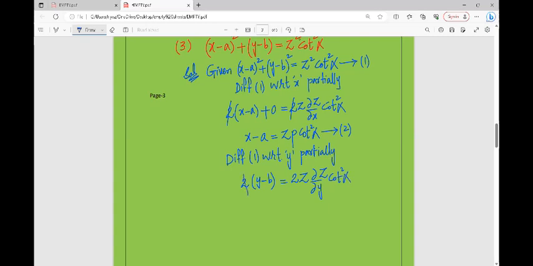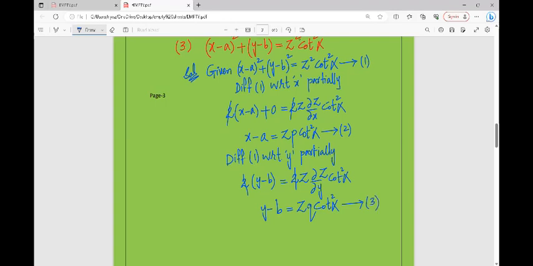Once again this 2 cancels with this 2, so y minus b is equal to z into q, we are assuming it as q because we know the terminologies, into cot square alpha. Now this is taken as equation number 3.